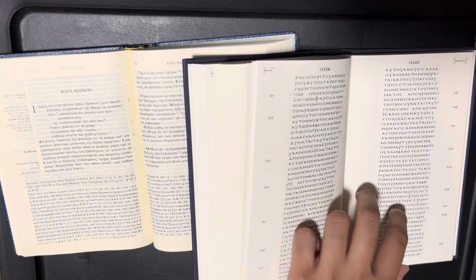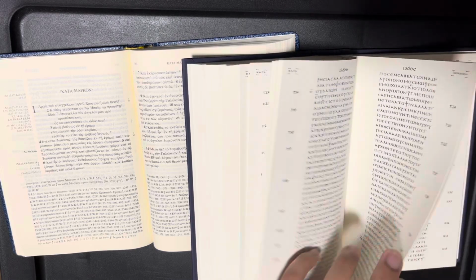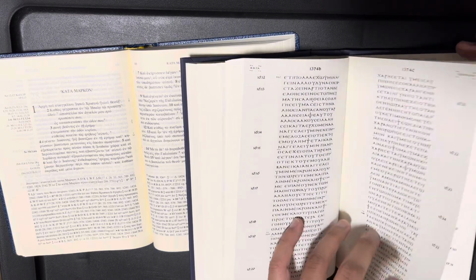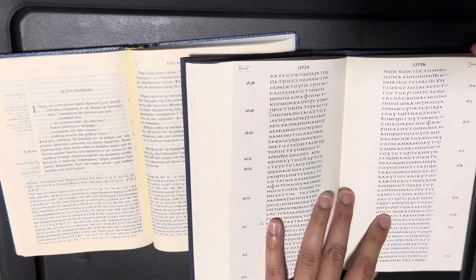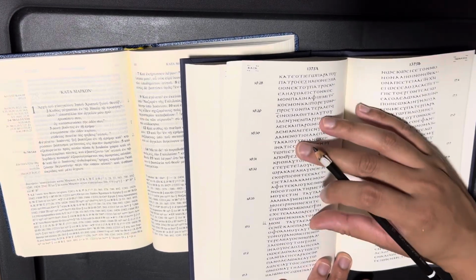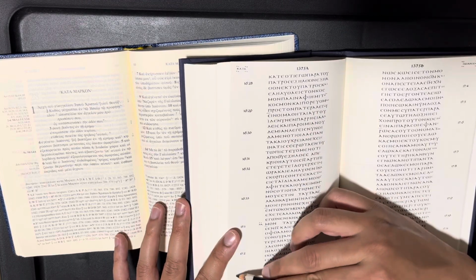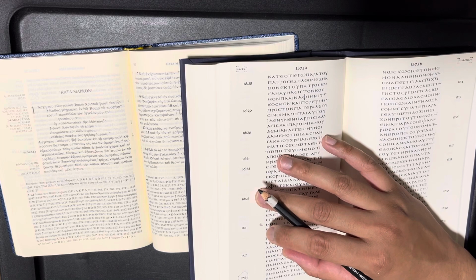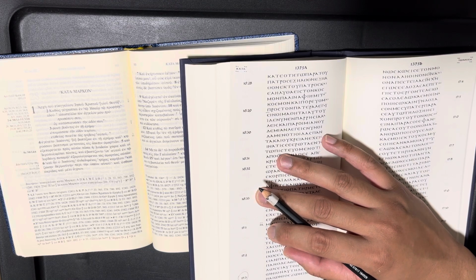So if we go to 17:3, which is one of my favorite verses, perhaps we'll leave 17:3 to a different part, but let's just see here.